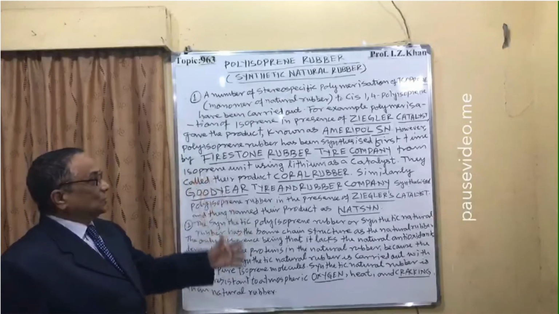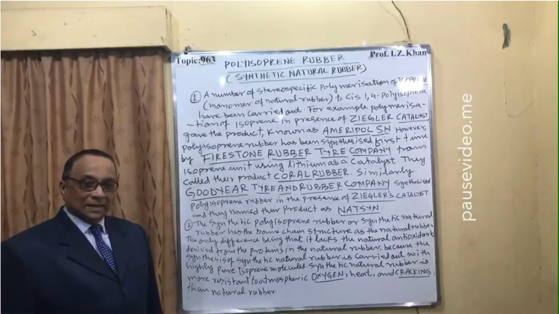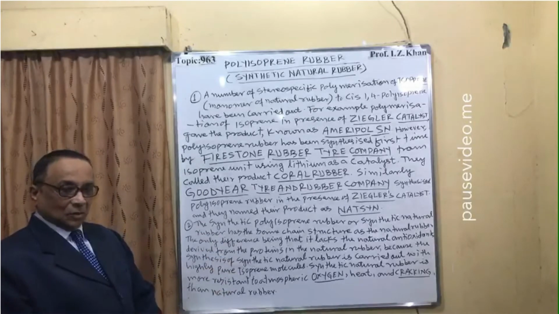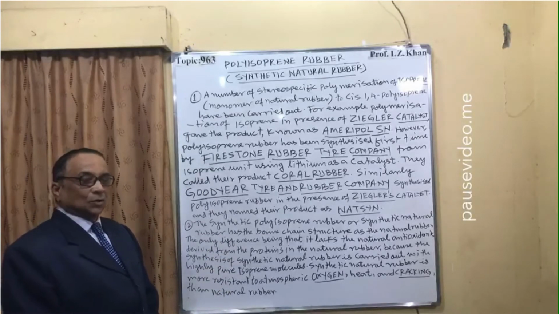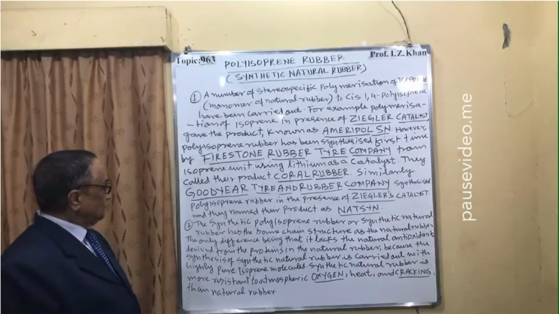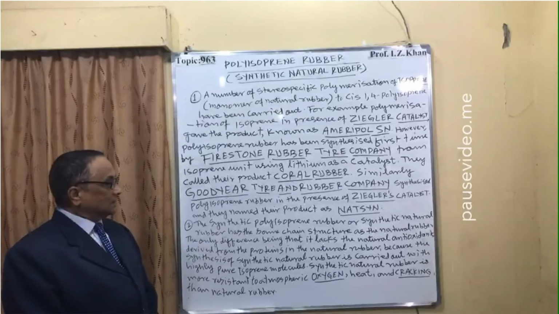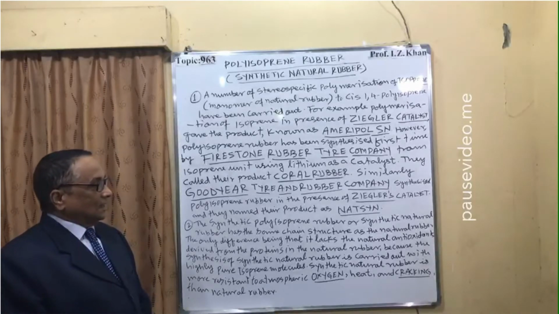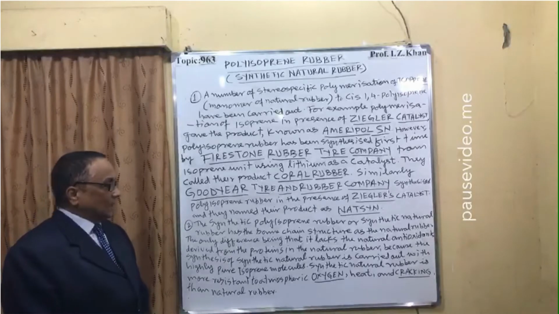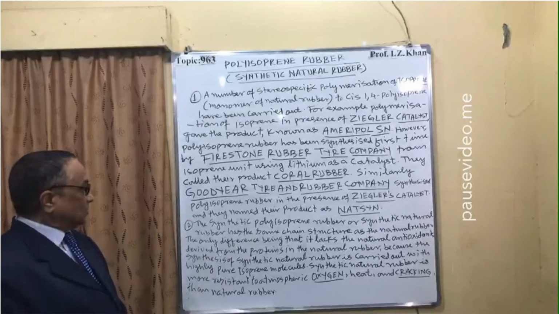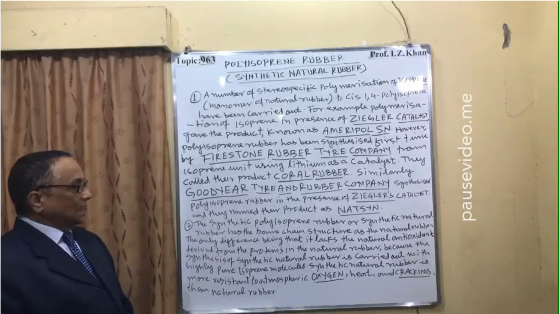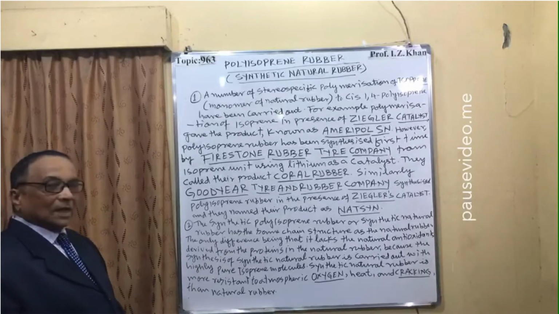So Firestone used lithium as a catalyst, and Goodyear used Ziegler, and they named their product Natsyn.